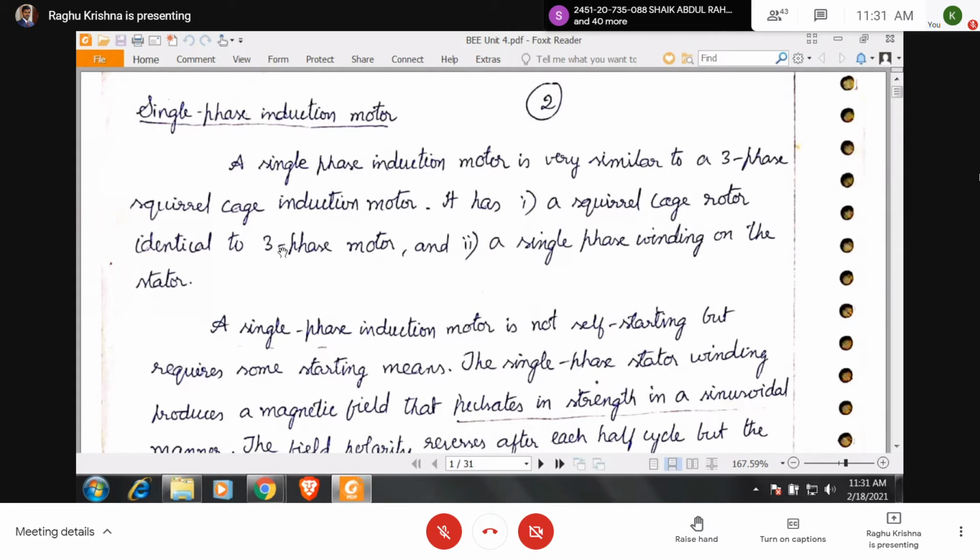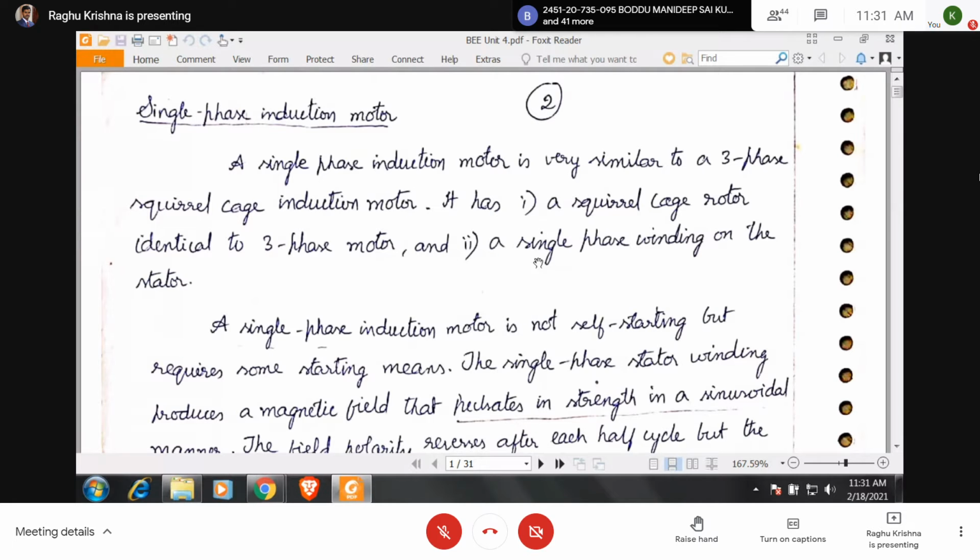The single phase induction motor is very similar to a three phase squirrel cage induction motor. If you do the comparison, it has a squirrel cage rotor identical to the three phase motor.